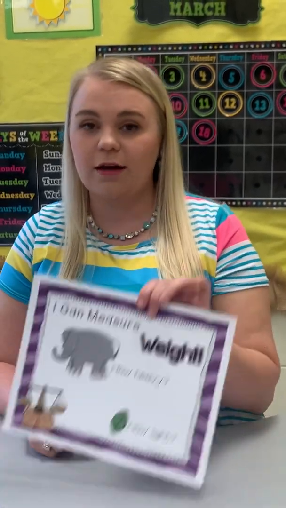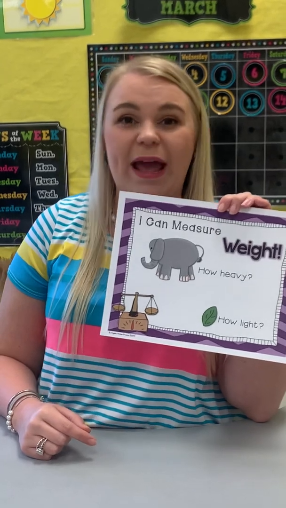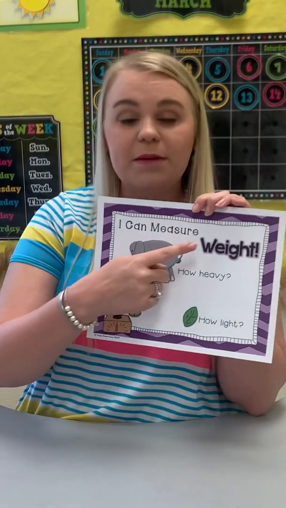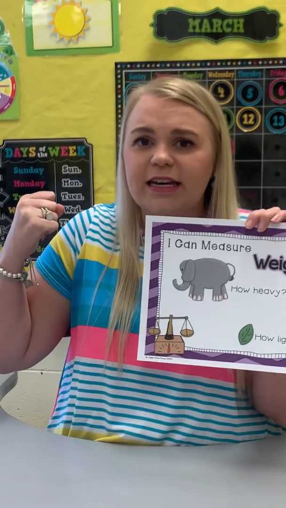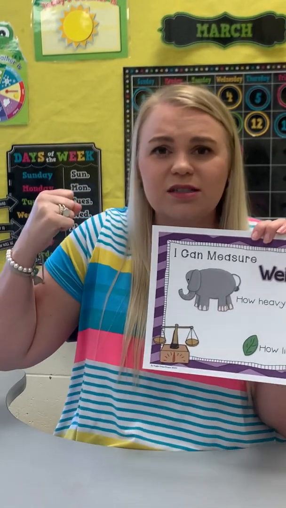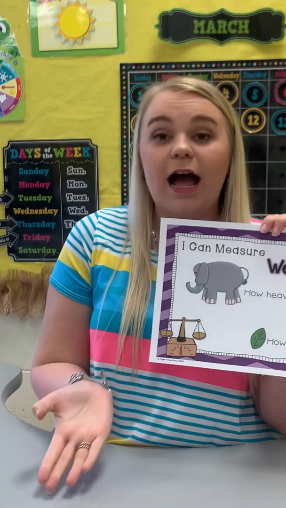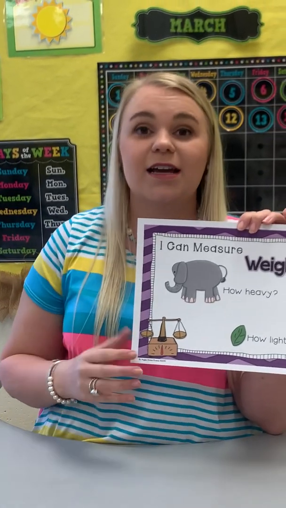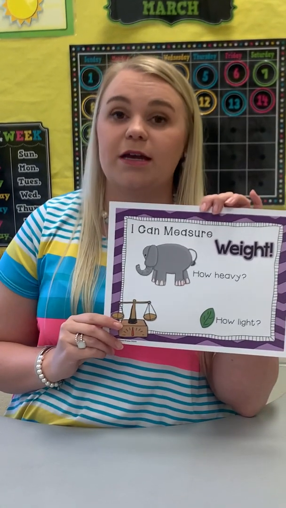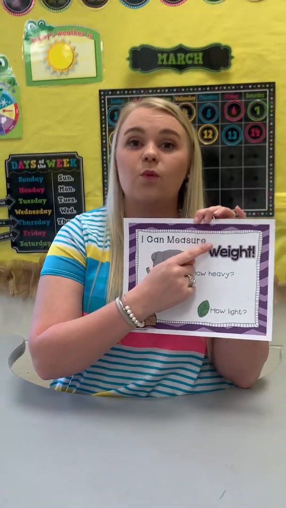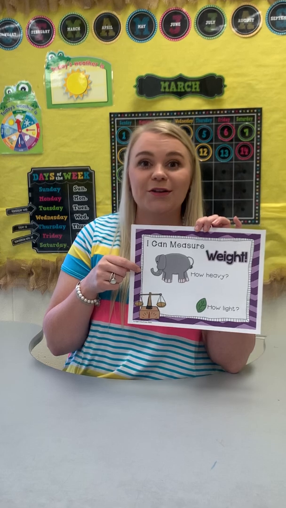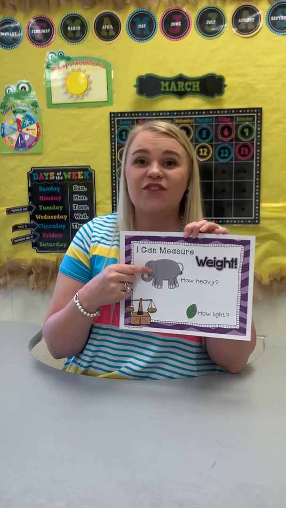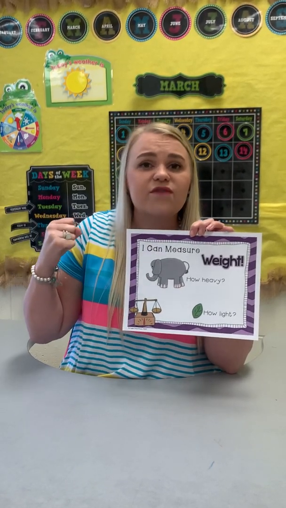Today we're going to be talking about measuring the weight of something. When we measure the weight, we want to see how heavy it is. You've got to use your muscles to pick it up, or how light something is. So today we're going to be talking about the measurement of weight. Remember from our paper earlier, the elephant is heavier.